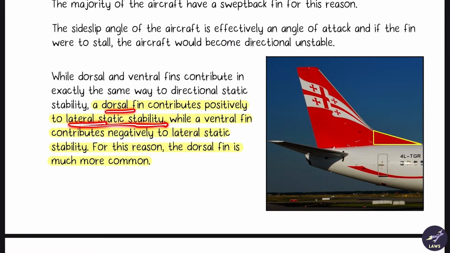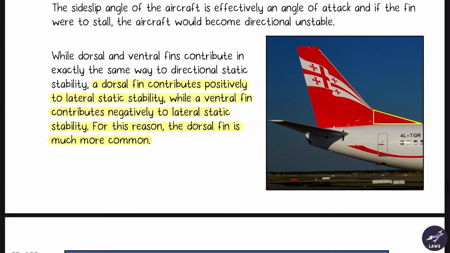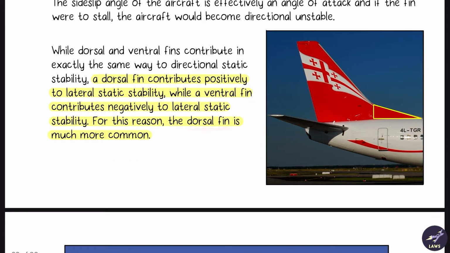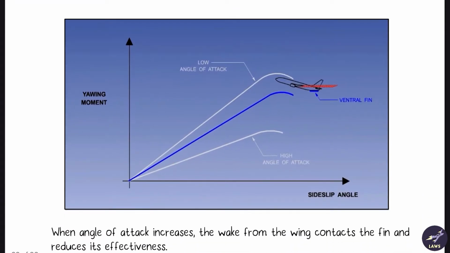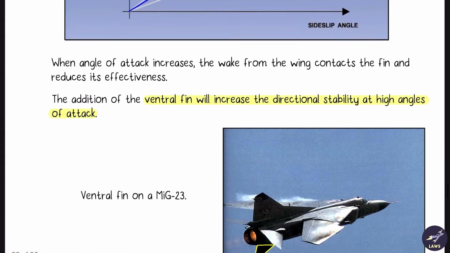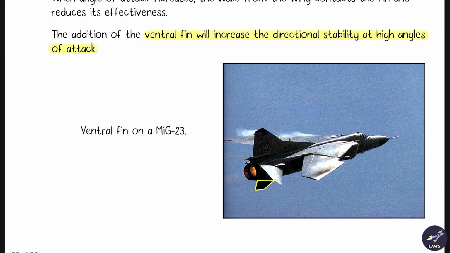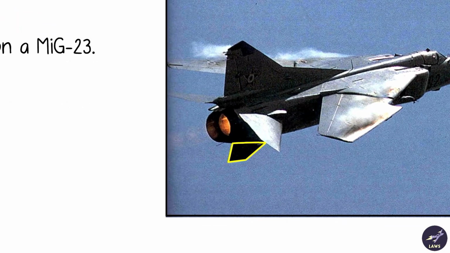The dorsal fin contributes positively, whereas the ventral fin contributes negatively to lateral stability. For this reason, the dorsal fin is much more common in airliners as compared to the ventral fin. The ventral fin you can find in military aircraft, as you can see here on the MiG-23.